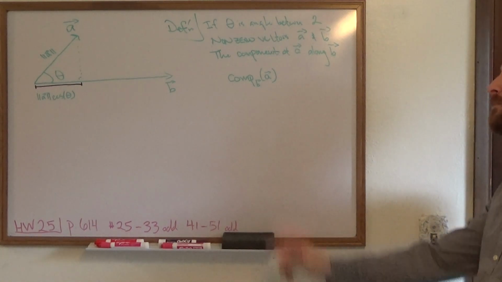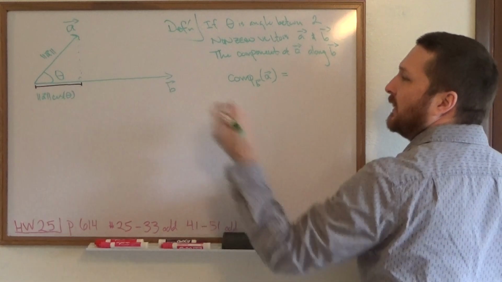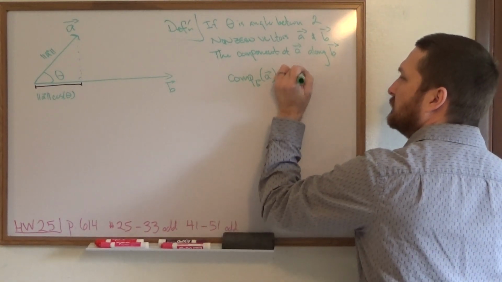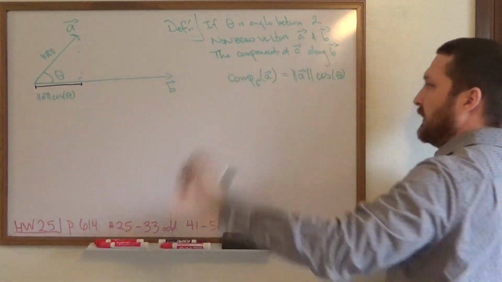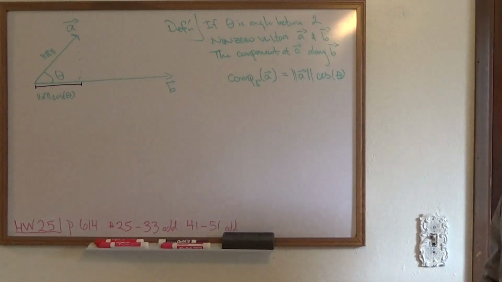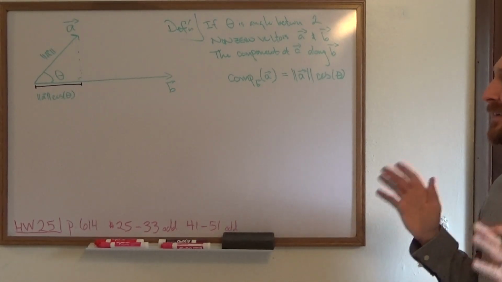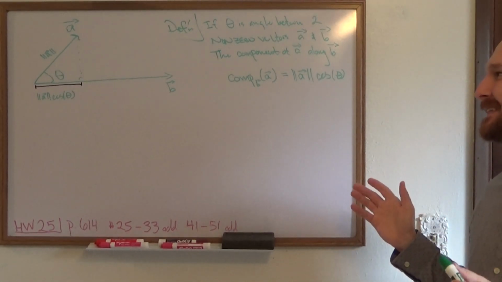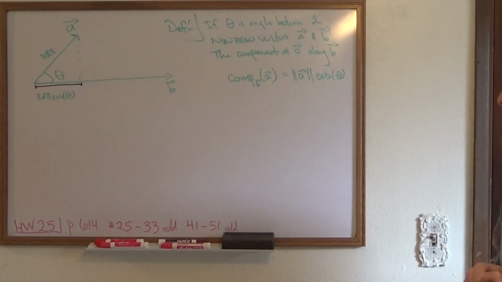But the component of A along B is defined as that length right there, and it's equal to this right here. Ta-da! Okay? Now this may seem like a really arbitrary thing to define, and why would we care? You'll see.